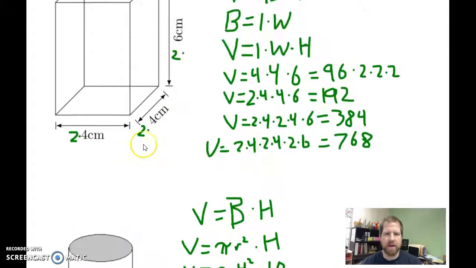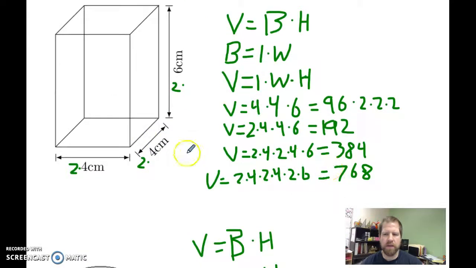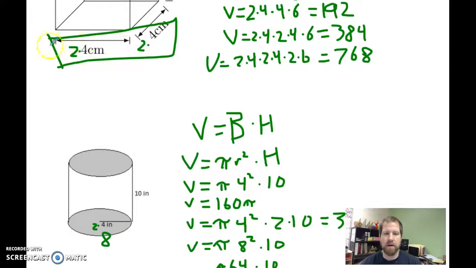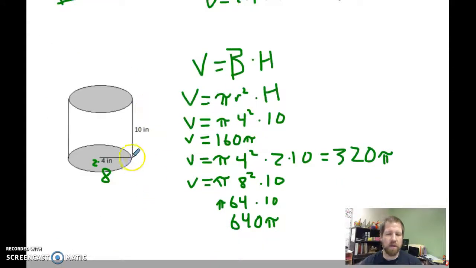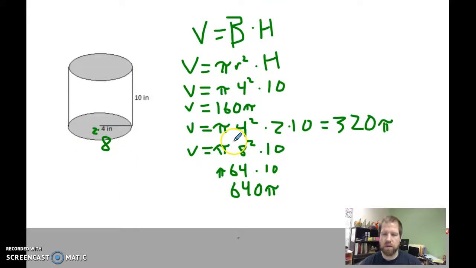Well, if I come back up here, I remember that when I doubled these two, right, when I doubled my base, it increased my volume by 4, right? It went from 96 to 384. So that seems to indicate that maybe we're doing the same thing here. And that makes sense when we look at our formula, right? We are squaring our radius.